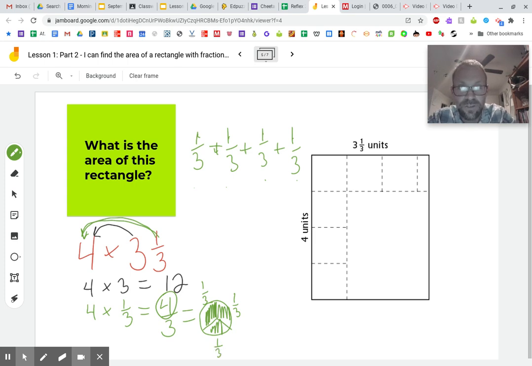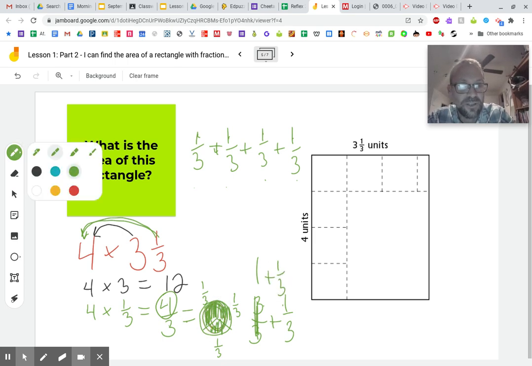So I can pull out of this 4/3, 3/3. If I do, that leaves me with just 1/3 left over. So 4/3 is equal to 3/3 and 1/3, which is a long way of saying this is 1 whole pie plus 1/3.